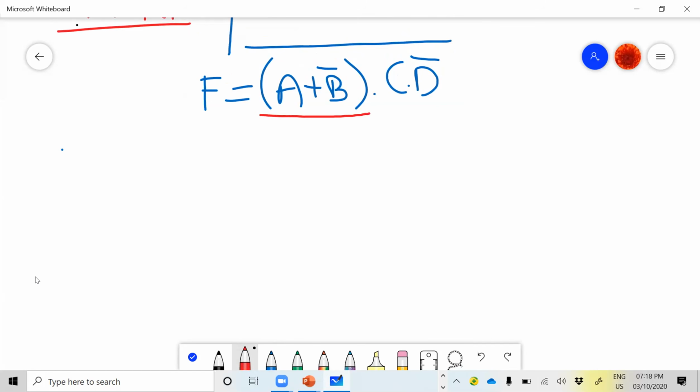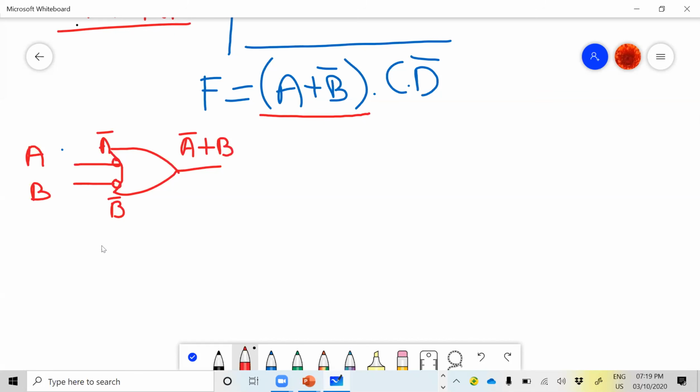Which representation should I choose here? Second representation. Yes, absolutely right. Second representation, this type of representation, which is not OR. I will be using here A, I will be using here B, then it will be giving me A complement, B complement, and here I will be getting A complement plus B complement. Am I right? Yes.